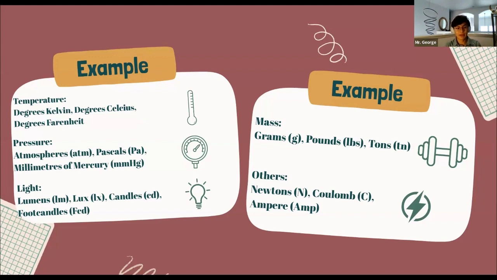For light, it's going to be lumens, the amount of light that you receive. For example, when you change the brightness on your phone, you're changing the amount of lumens your phone emits. Units for light include lumens, lux, candles, and foot candles, which is just a bigger version of a candle.